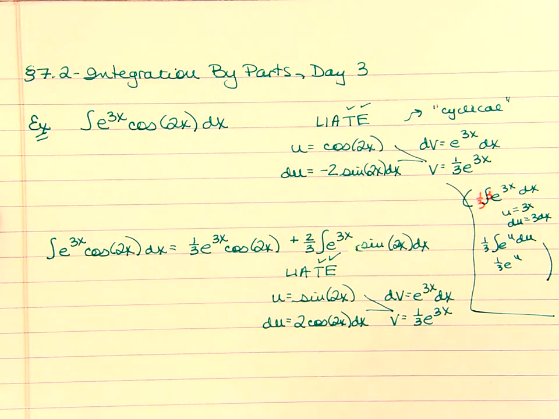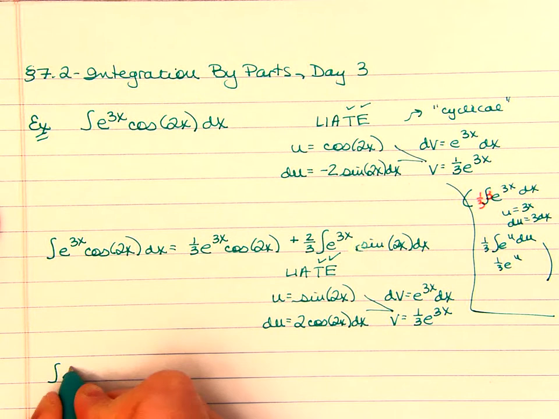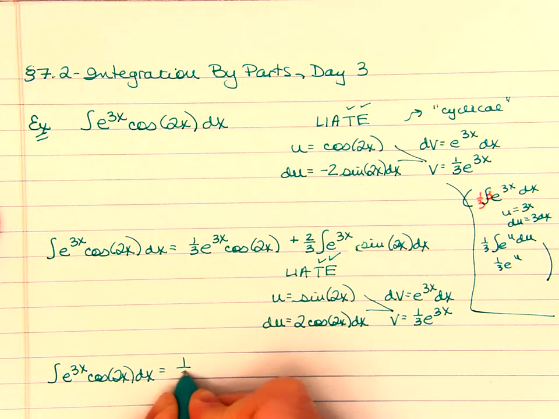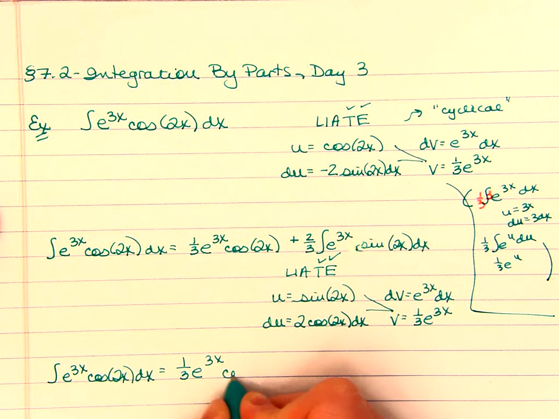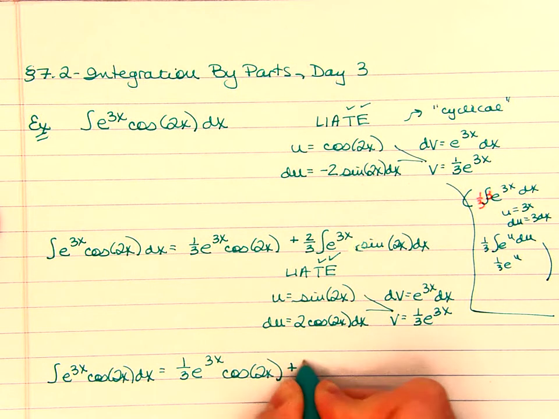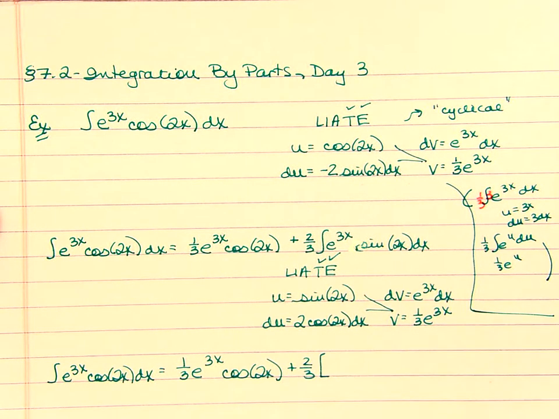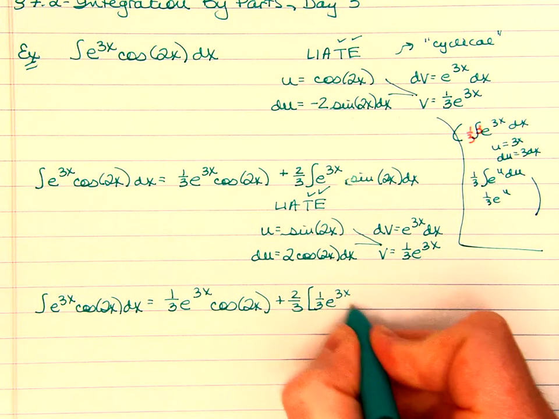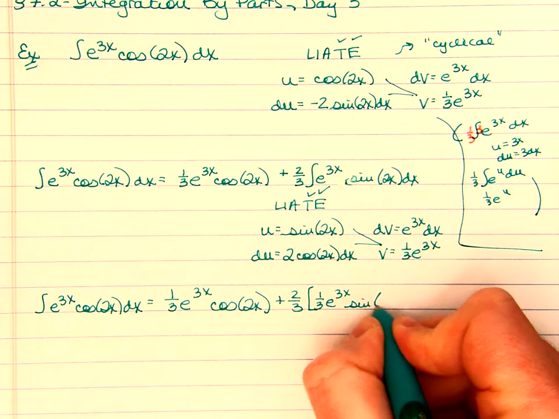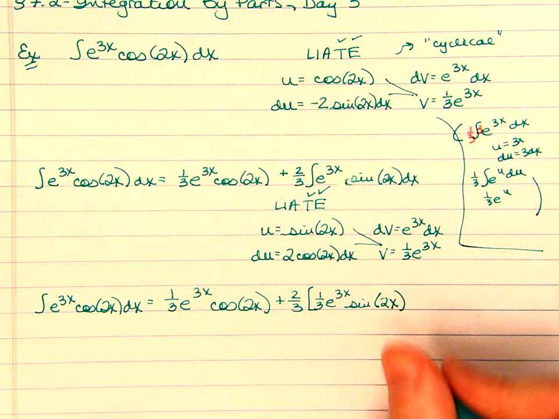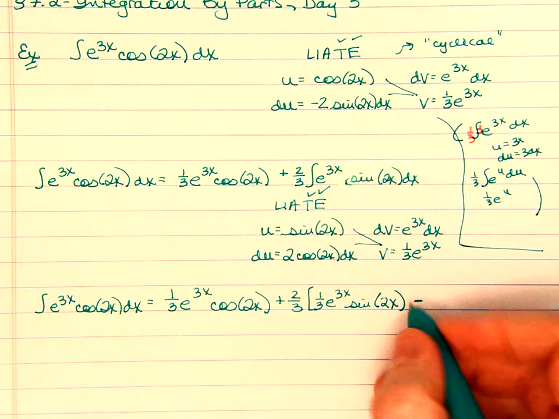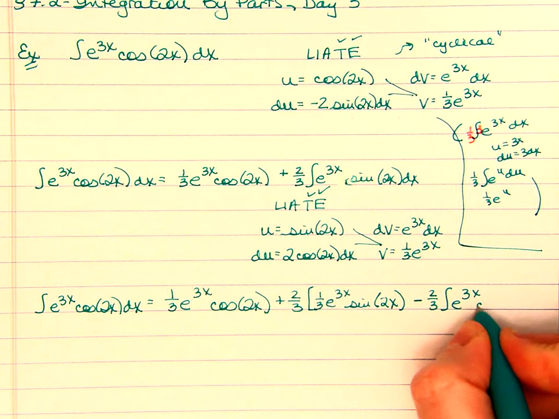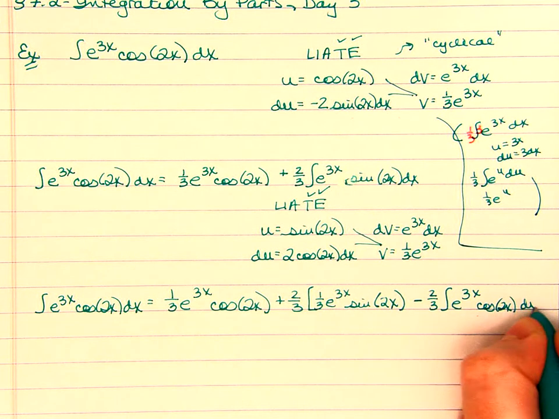U times v minus the integral of v du. I've got the integral of e to the 3x cosine 2x dx equals 1/3 e to the 3x cosine 2x plus 2/3 times, okay, so u times v will give me 1/3 e to the 3x sine 2x minus the integral of v du, so minus 2/3 times the integral of e to the 3x cosine 2x dx.